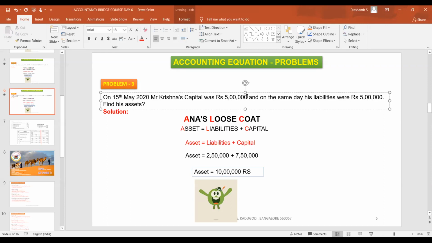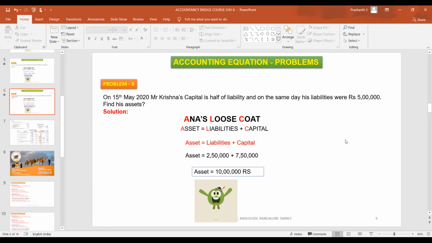So liability is 5 lakh, and capital is half of the liability. How much is that? 7,50,000, sir? Explain to me how. Half of the liability: liability is 5 lakh, half is 2,50,000. Excellent. That means capital is 2,50,000.